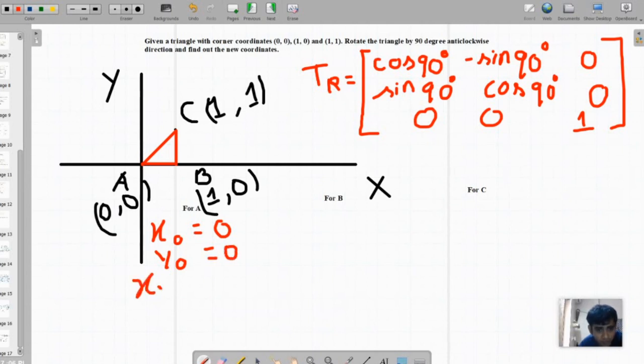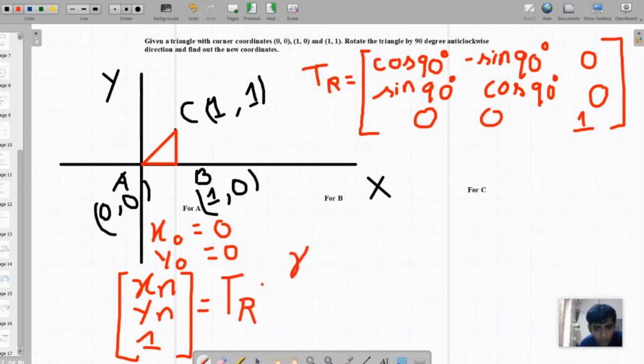To find the new coordinates after rotation, you need to multiply the rotation matrix with x old, y old, 1. Yes, done. If you do this multiplication, you will get the new coordinate for point A after rotation.